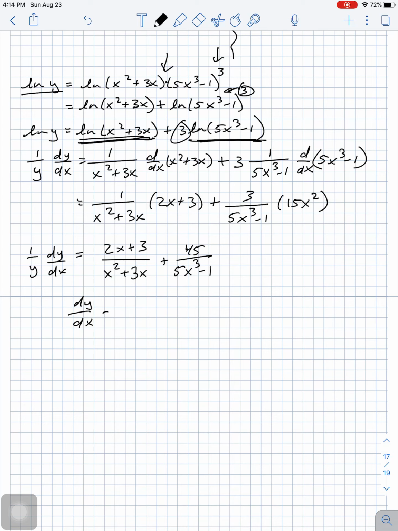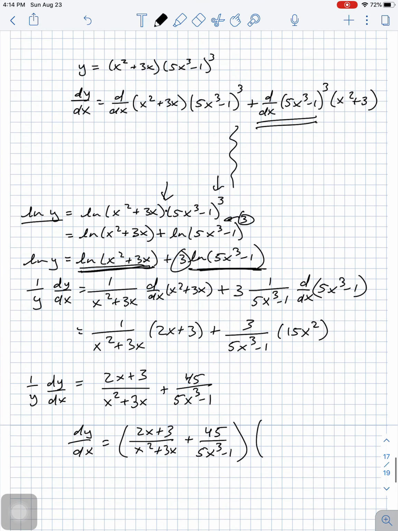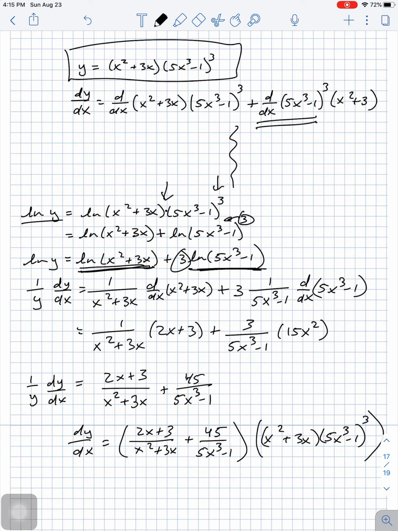So dy/dx is this stuff, 1 over x squared plus 3x times 2x plus 3, plus 45 over 5x cubed minus 1, times the y value. And we go up to the original equation, which was right here. Here's what y was: x squared plus 3x times 5x cubed minus 1 cubed. And that's it. That's your answer.